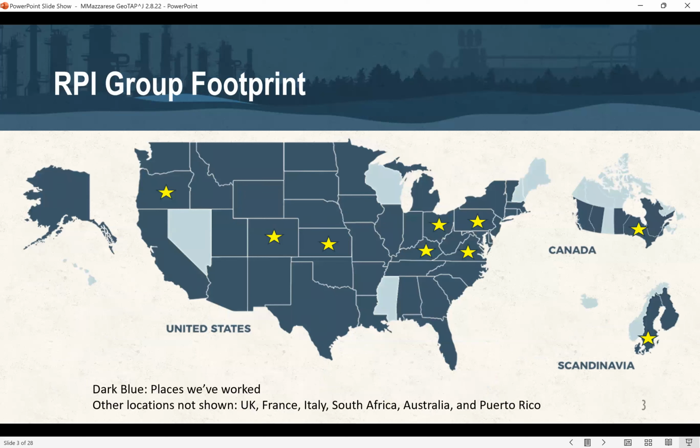So this is where we have presence within the RPI group: the United States, Canada, Scandinavia, and not pictured is our partner company based in Australia, which is NUMAC.